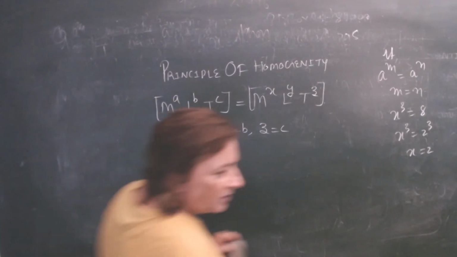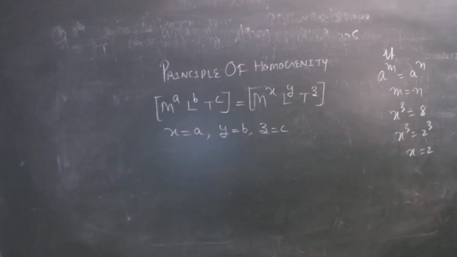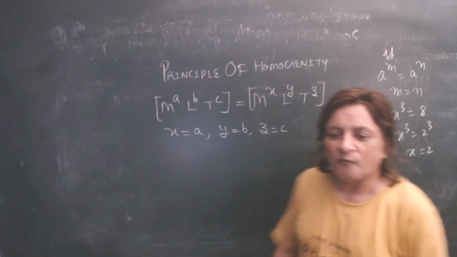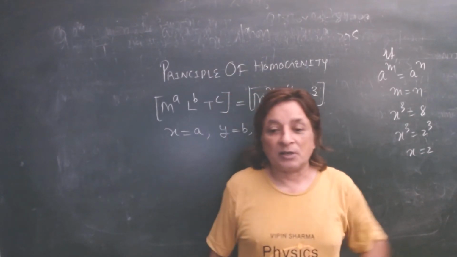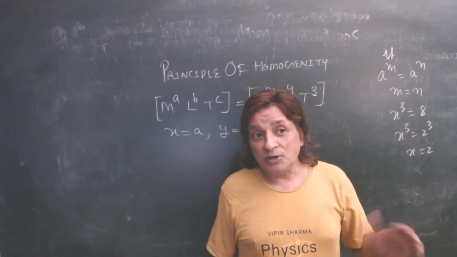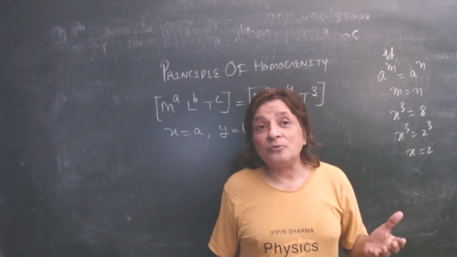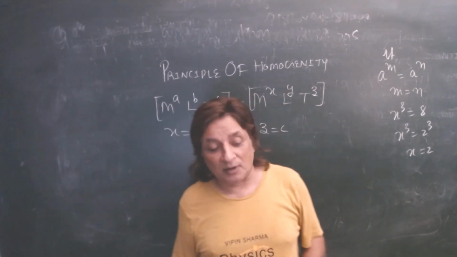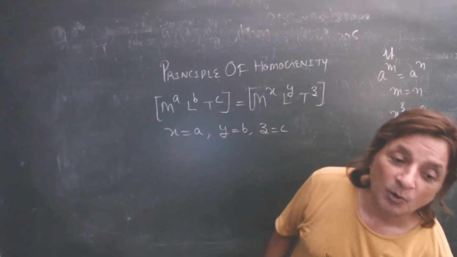When the dimensions of mass, length and time of the left hand side must be equal to the respective dimensions of the right hand side, this principle of homogeneity helps us. It enables us to have three uses of dimensional equations.